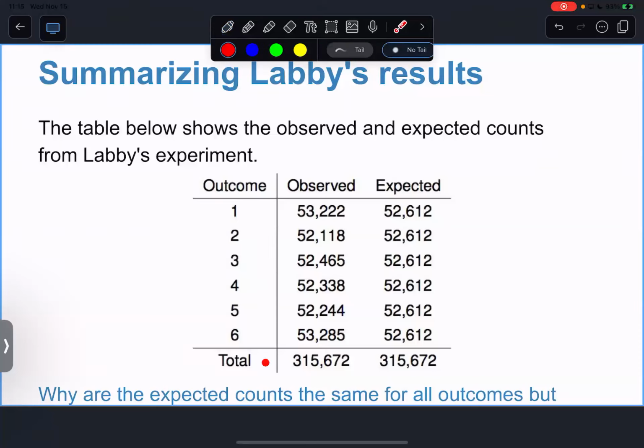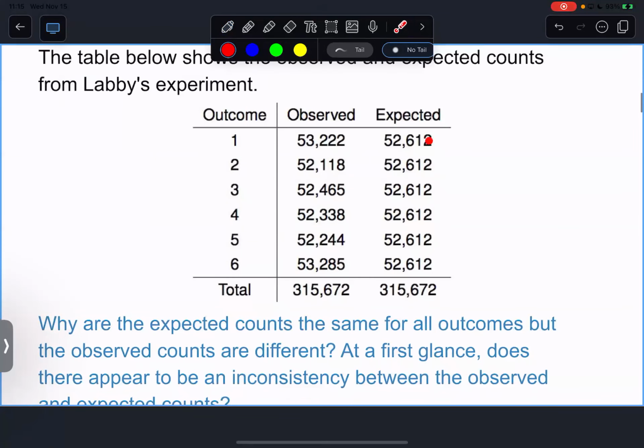So what we would have is something like this, where I've got the outcome, 1, 2, 3, 4, 5, 6, and then I have my observed count, and then my expected count is 12 times 26,306 divided by 6, right? So here, this expected count is 12 times 26,306 divided by 6.